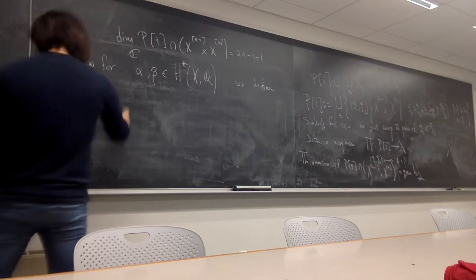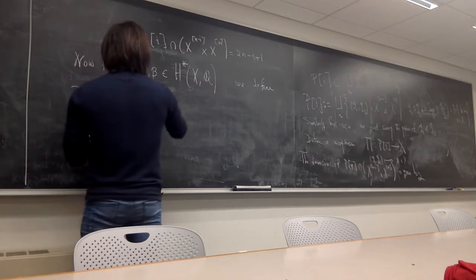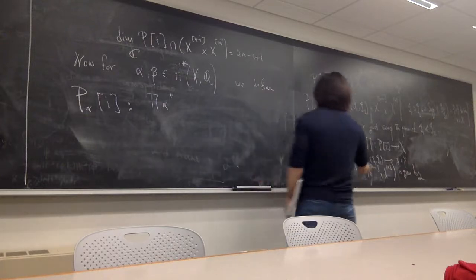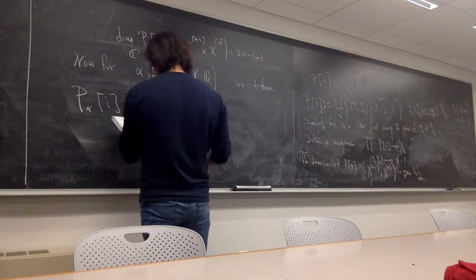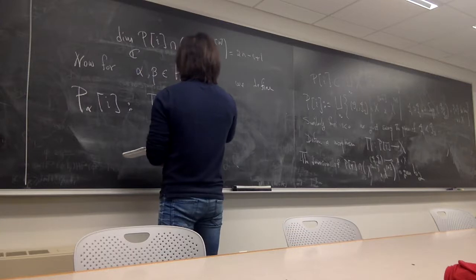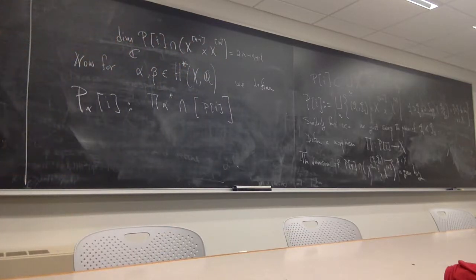P alpha of i, which is going to be the pullback via this map pi of alpha, intersected with the cohomology class of the cycle.